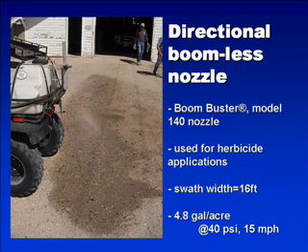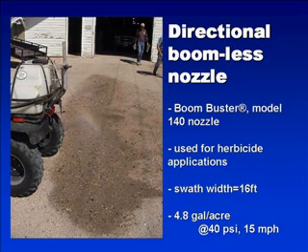If we use a Boom Buster Model 140 nozzle, basically it's just a single nozzle that will spray out in one direction, perhaps getting a 16-foot swath width. These are often used for herbicide applications in road ditches and other types of areas. These nozzles can be run at about 4.8 gallons per acre at 40 psi and can be run up to about 15 miles per hour.